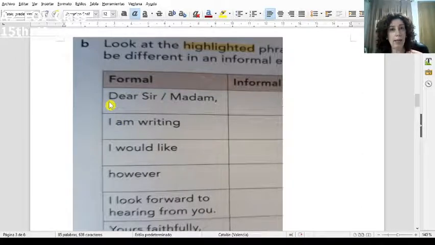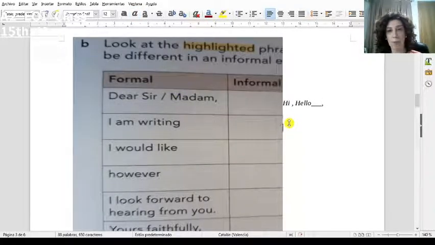To begin an informal letter, the formal is dear sir or madam. How would you start an informal one? Hi or hello, yeah? Hi or hello, and the name, Thomas or Anna or Sarah.